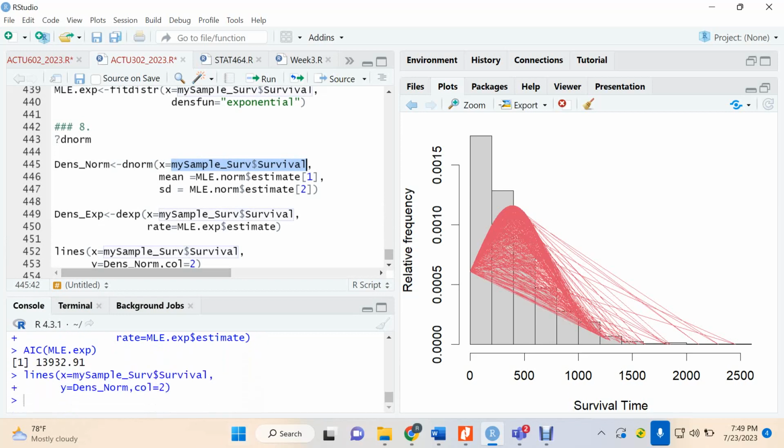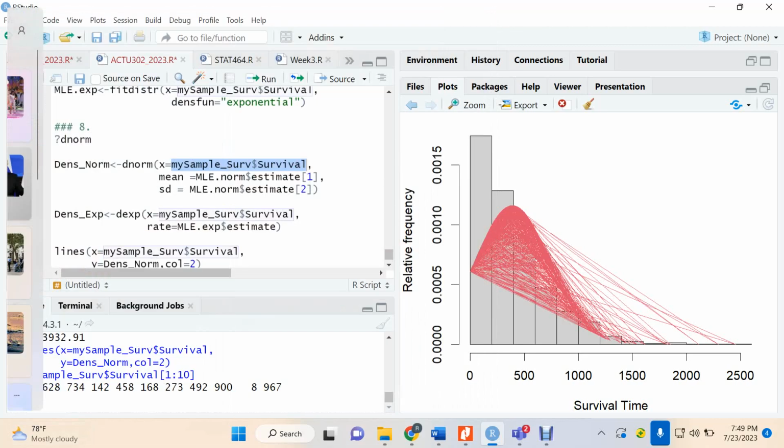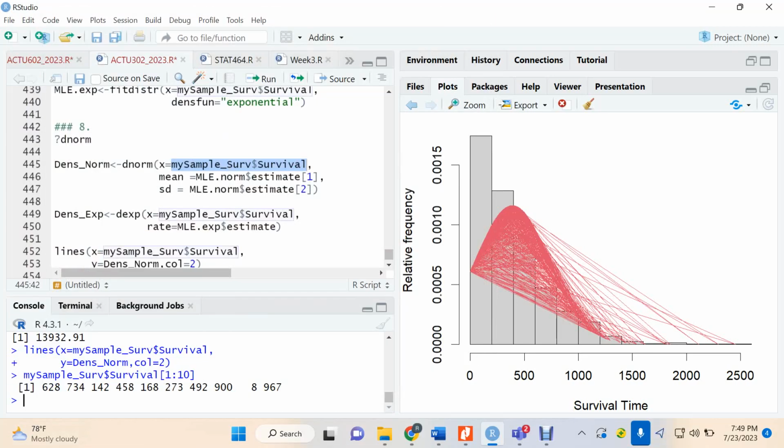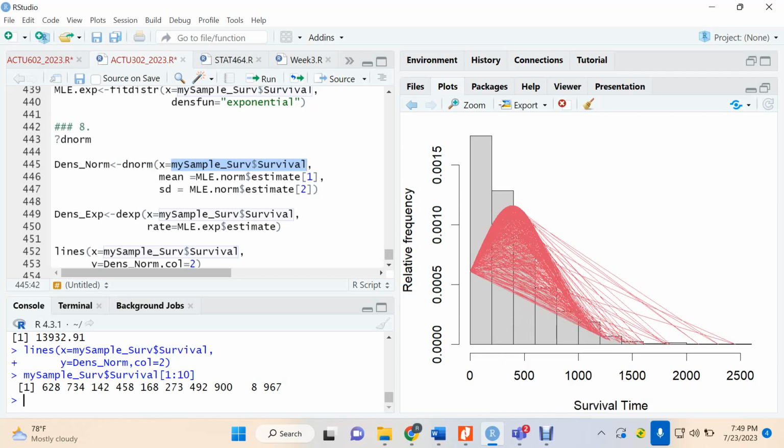Let me show the first, let's say, 1 to 10. You see we got 7, 3, so it's haphazard, right? So still I see my distribution here, but it is joining them haphazardly because the densities have been computed. It still gives you the shape, just that the graph is not good.